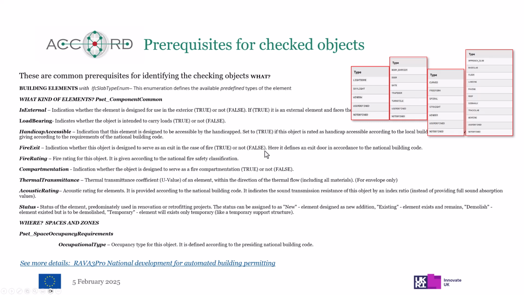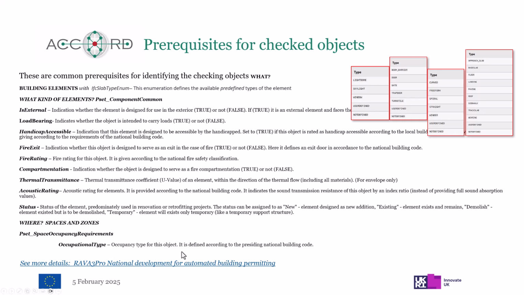They have to have the information if they are external, load-bearing, handicap accessible, if they are fire rated, part of the fire exit, and so on. And also where they are located and what spaces they are related to.